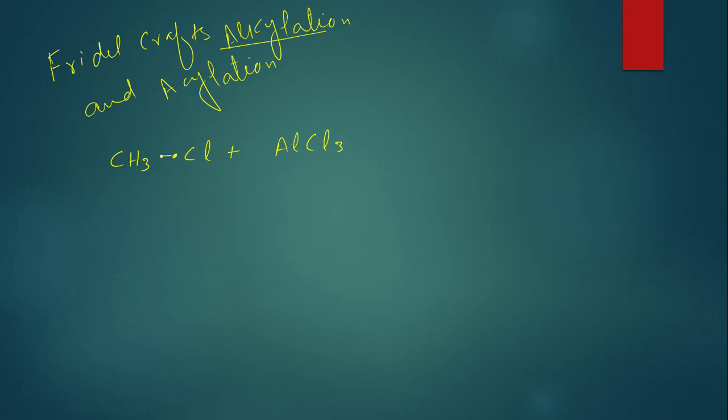This electron pair of chlorine makes a dative bond or coordinate covalent bond with this, and we will get CH3 positive here. This is our electrophile, and we are getting AlCl4 with negative charge. So this is our benzene.